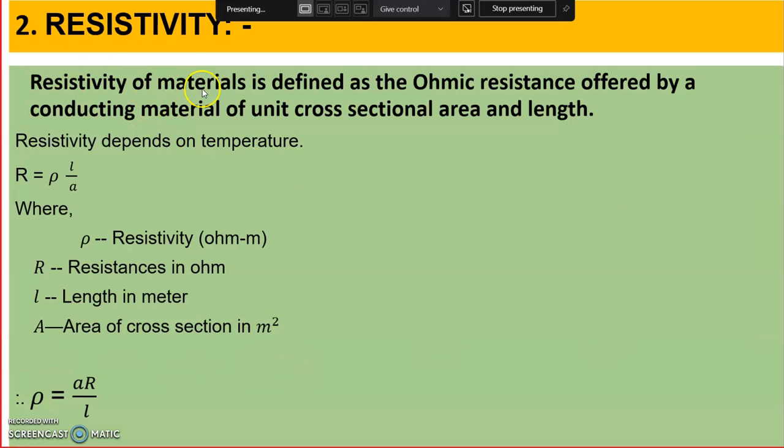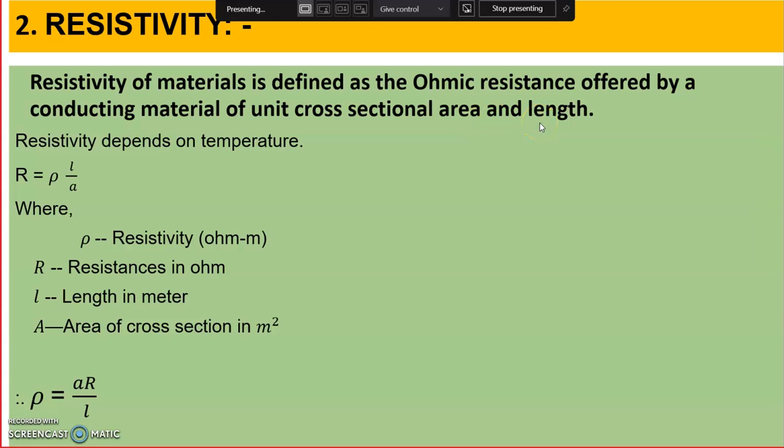But resistivity of material you can define as the ohmic resistance offered by a conducting material of unit cross-sectional area and length. Not only conducting material, but for all materials you can find out resistivity.